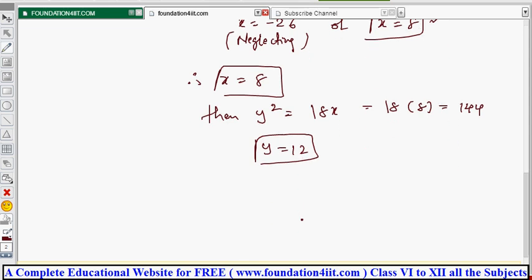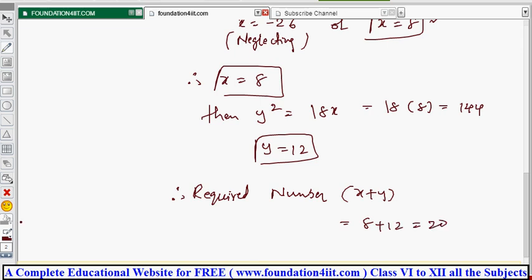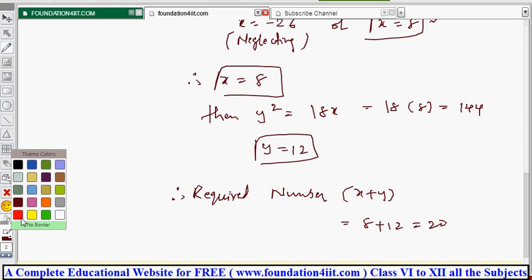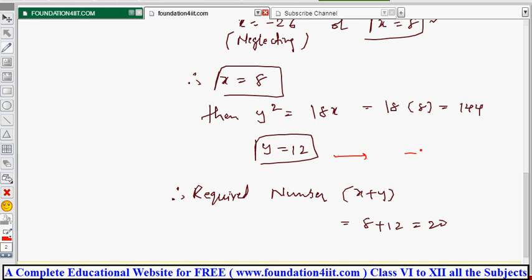So x is 8 and y is equal to 12. So therefore the required number. What is the positive number they asked? So required number is x plus y. So that is 8 plus 12 is 20. Okay. The main thing is which you are neglecting, that is also important here, because y equal to minus 12 is neglected.